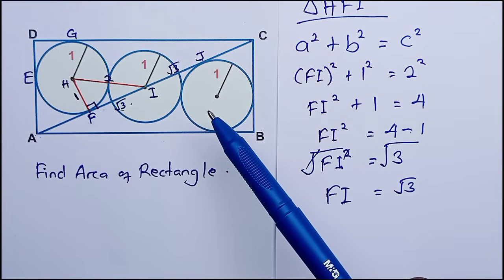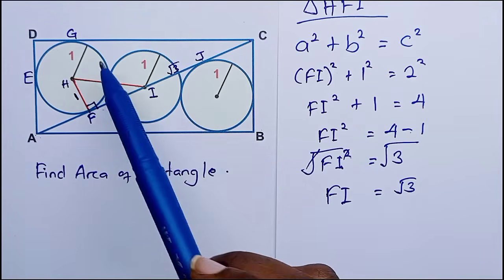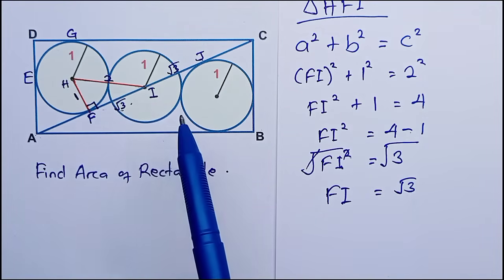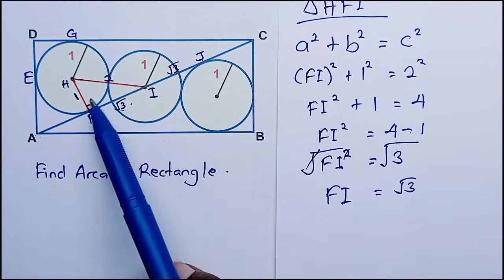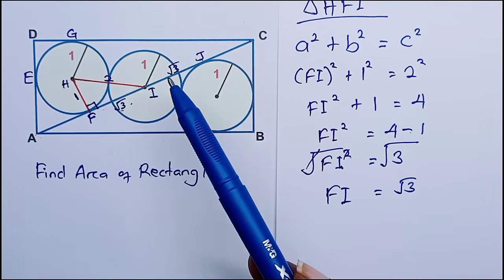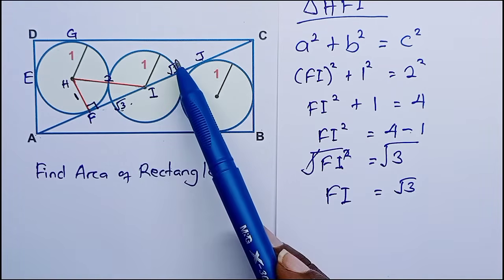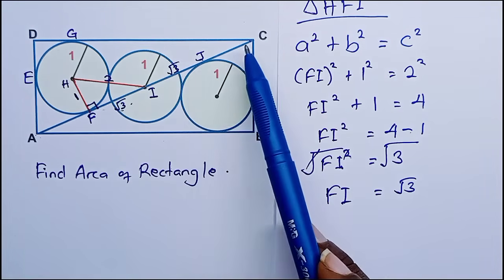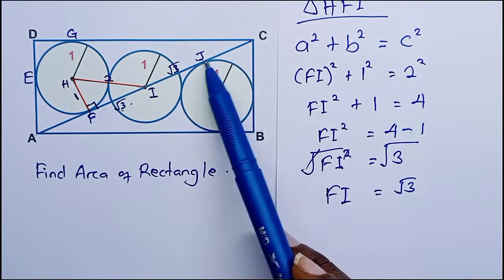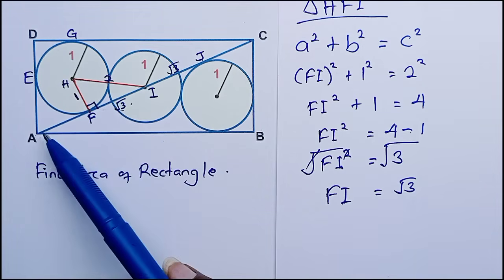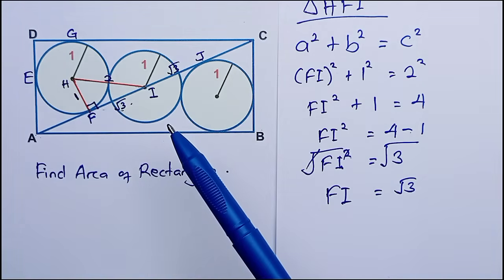Okay, so the circles are identically placed relative to the two triangles formed by this rectangle. So it turns out that this figure is symmetrical along the diagonal AC. Okay, so AC is the line of symmetry for this rectangle, and so the whole figure is symmetrical around AC.